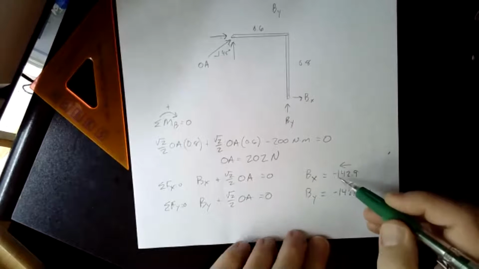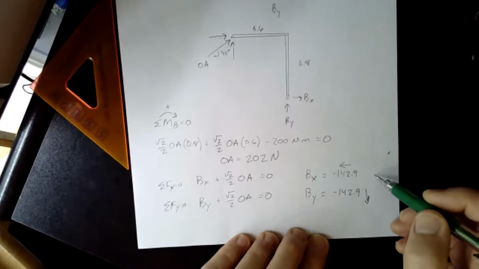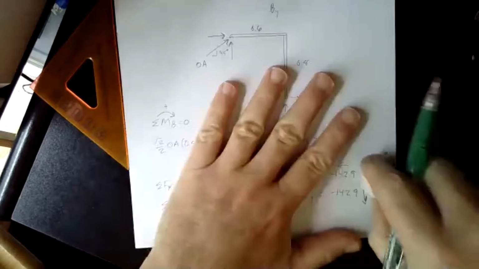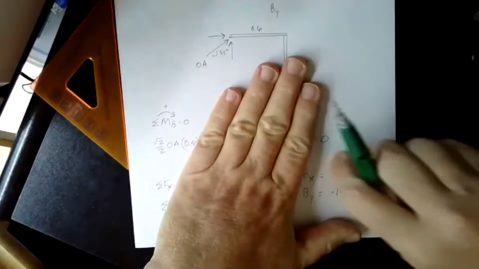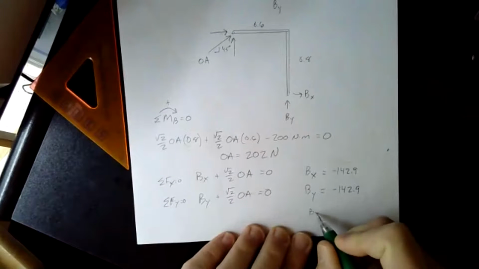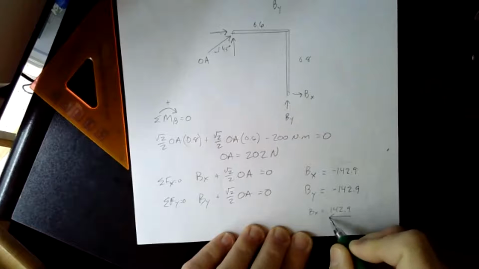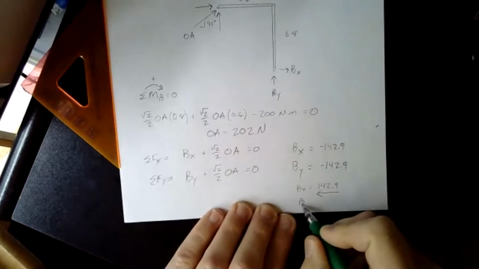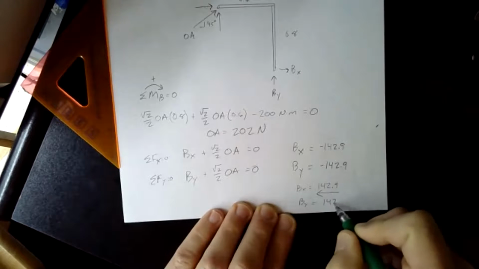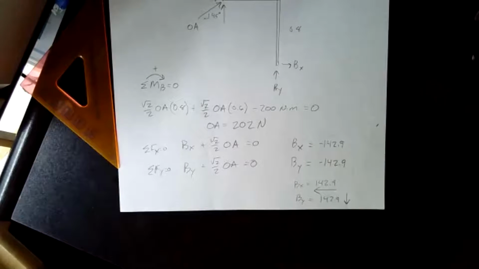Now this might seem counterintuitive to put a negative in front, because that would almost imply it's going the other way. So I would say either do one way or the other. Either leave them negative like this, or say bx equals 142.9 like that, and by equals 142.9 like that. So one or the other. Make sense?